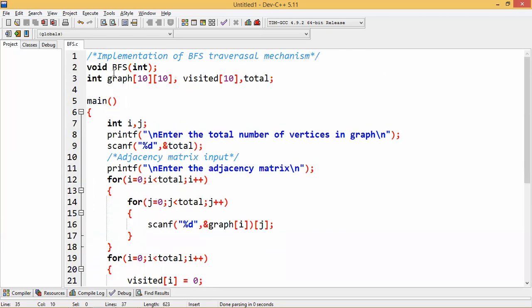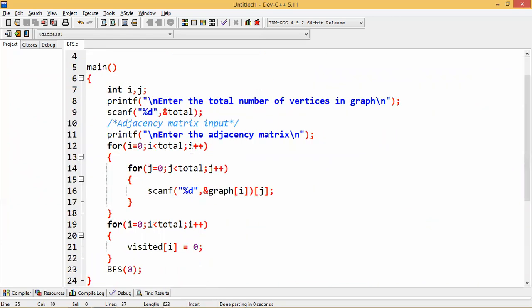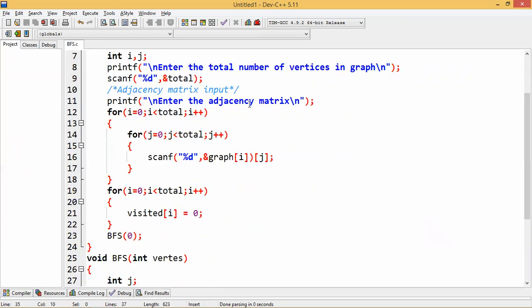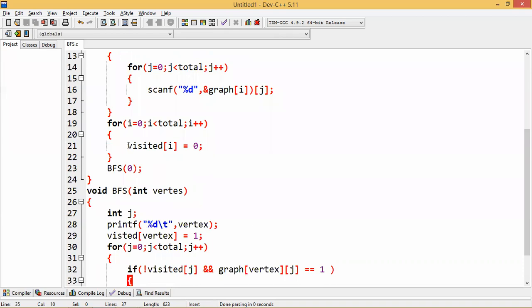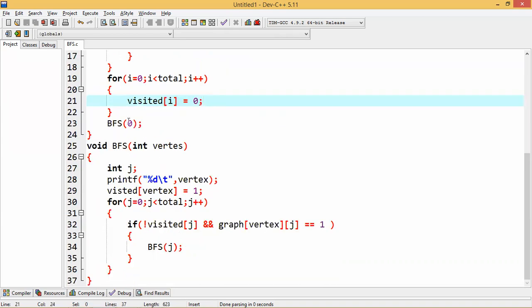Simple concept. Initially I have declared one graph, and the total number of vertices I have entered, then the adjacency matrix we have entered with values of either 0 or 1. Then initially I have not visited anything, so I have kept it at 0. Then I started visiting from node number 0, printing that vertex first, and then changing its status to 1.